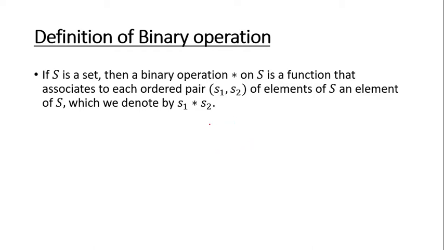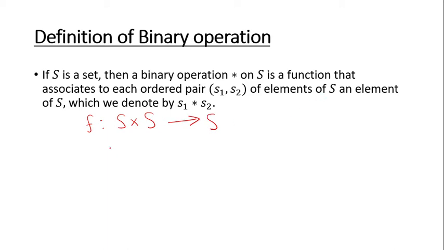According to the definition, a binary operation is a function that acts on a set. It takes two elements from the set, does some operation on those two elements and outputs another element which lies in that set.